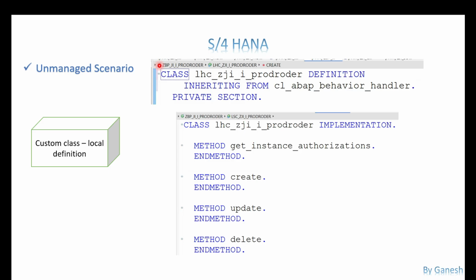So you can see this is the class which is mentioned in the behavior definition, and under that it creates another class we call local definition. It creates one more class, and the cursor is in the create method. Inside this class implementation you are able to see create, update, delete, and some read-listed methods also, all with empty implementation. So the implementation itself is not done. You have to go and write code for create, update, delete based on your business scenario.